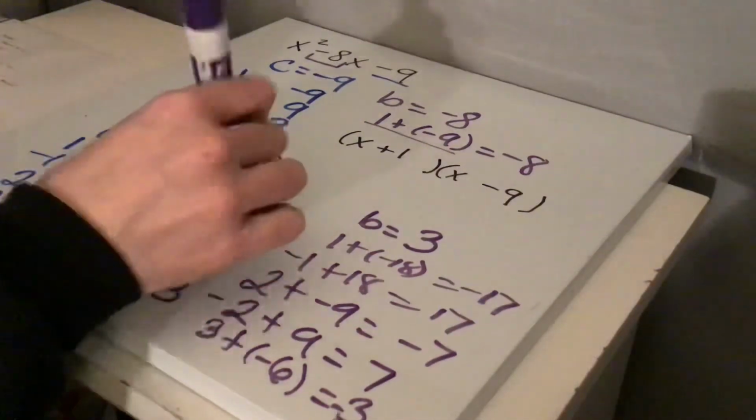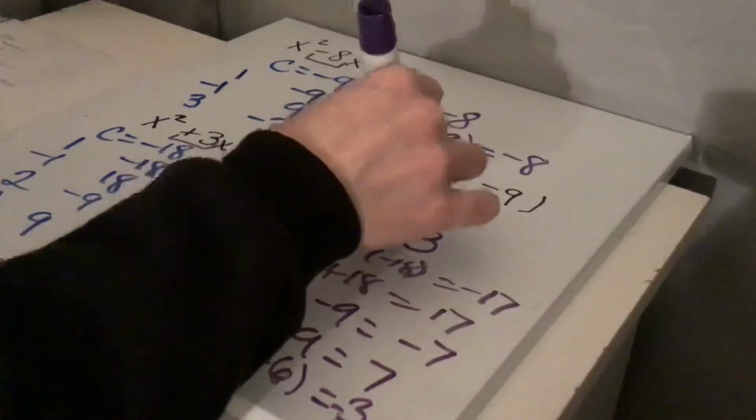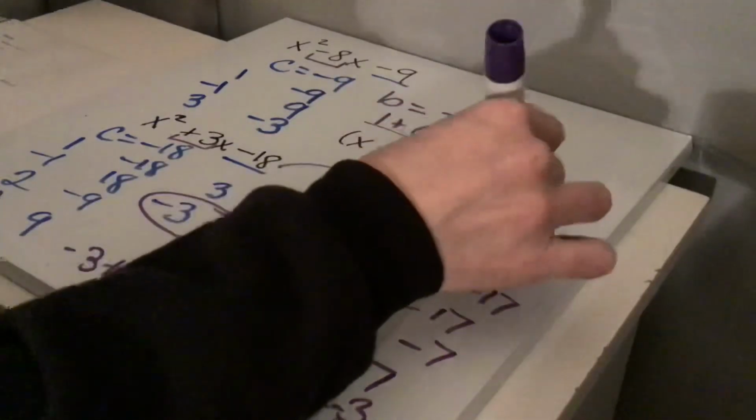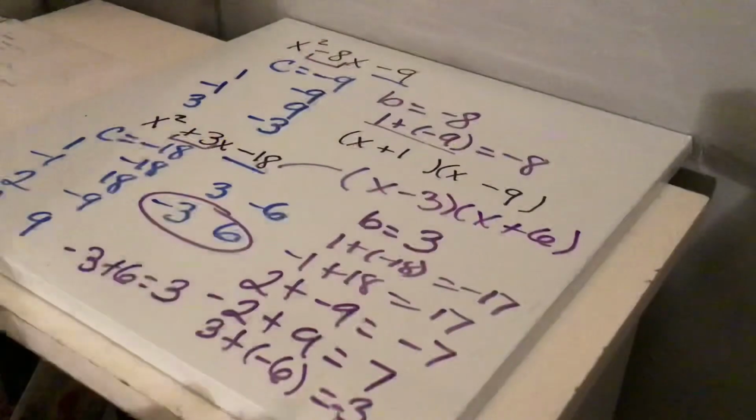So this is our combination. So we end up with x minus 3, x plus 6 in factored form.